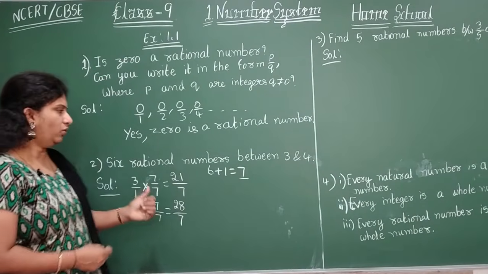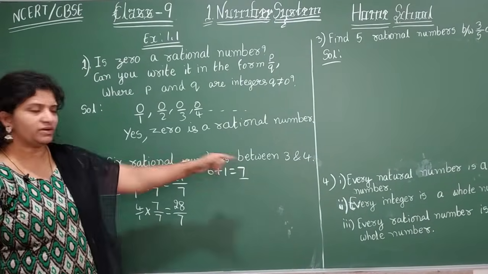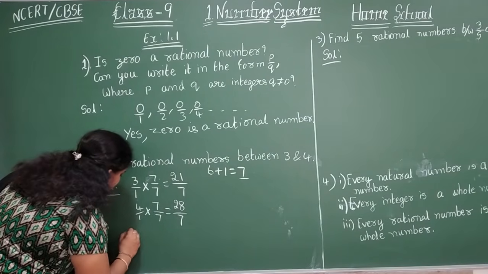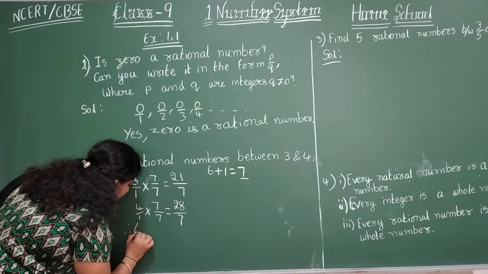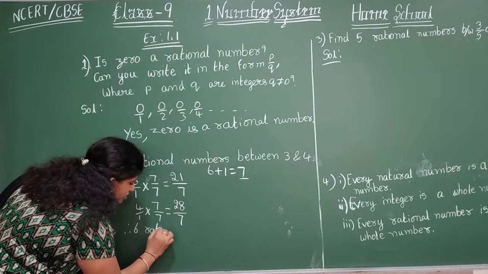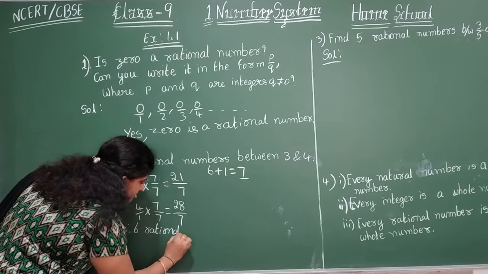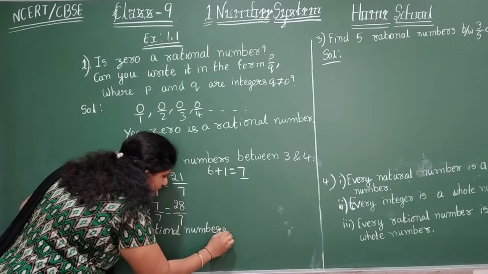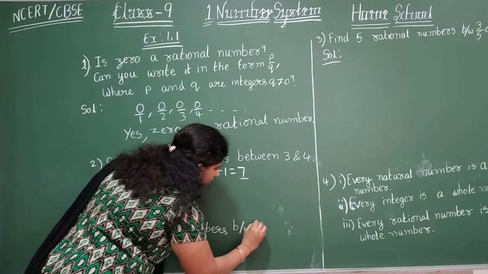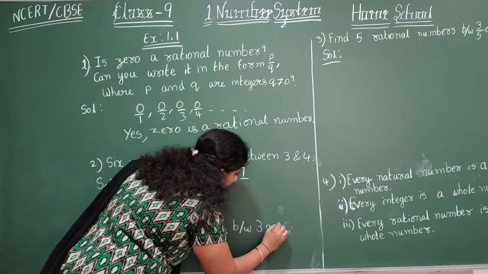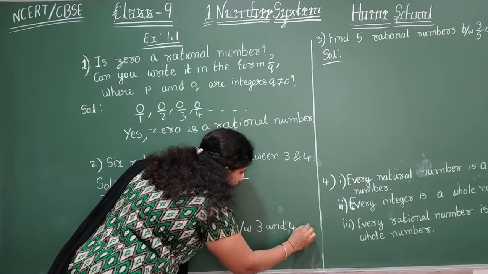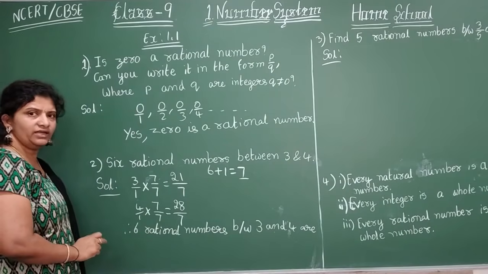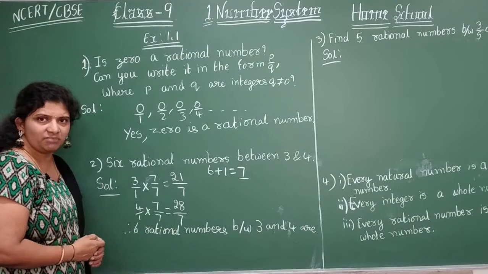Okay. Now, what are the rational numbers? 6 rational numbers we need to write. So the 6 rational numbers between 3 and 4 are, how can you write here, children? Write the rational numbers here.